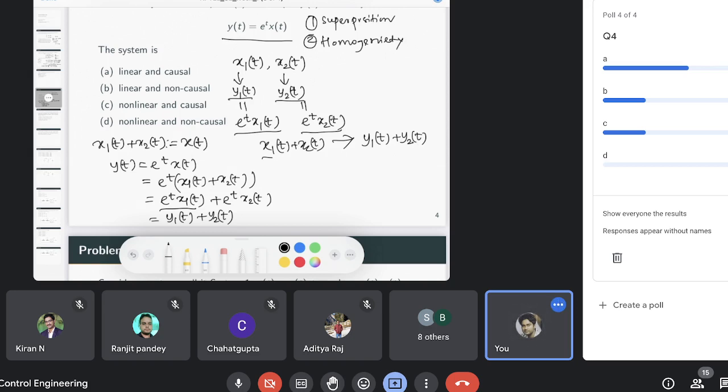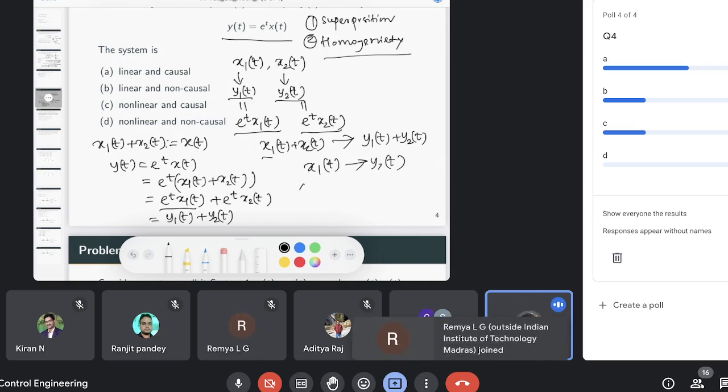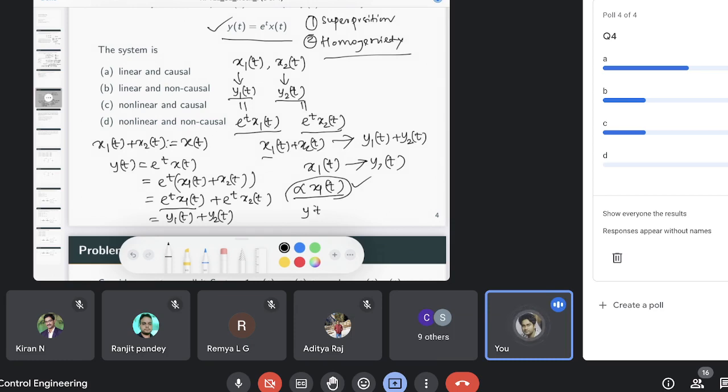Similarly, for homogeneity, if for x1(t) the output is y1(t), then you check for some scalar alpha multiplied by x1(t), what will be the output. For this input, you just substitute this quantity in the expression and see that the output y(t) will be e to the power t times alpha x1(t), and you can write it as alpha times e to the power t x1(t), right?